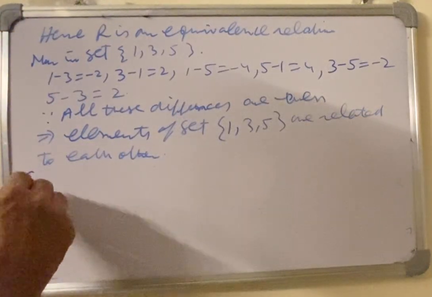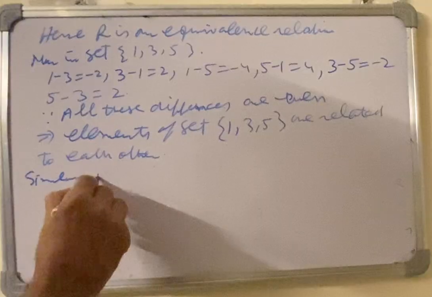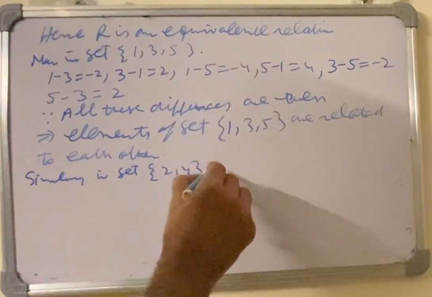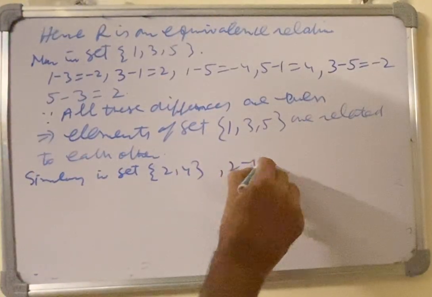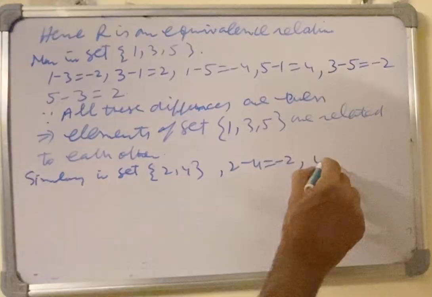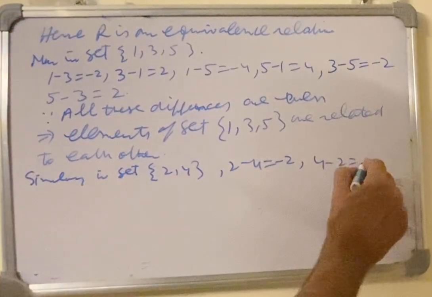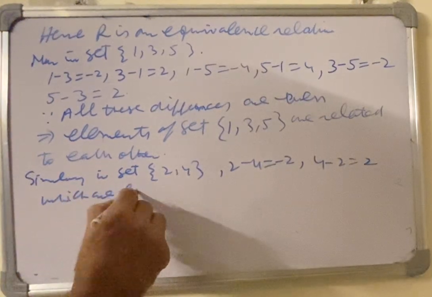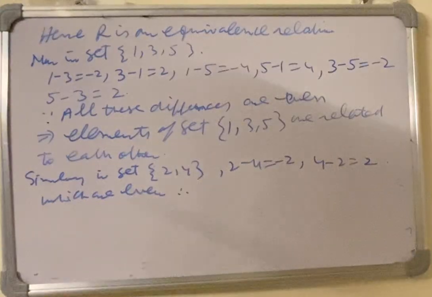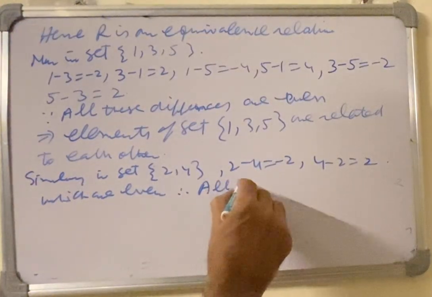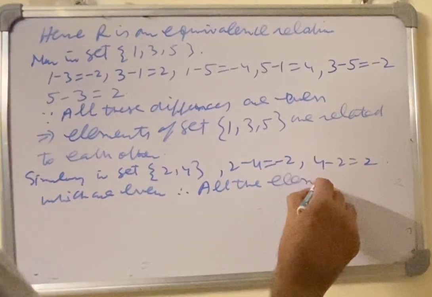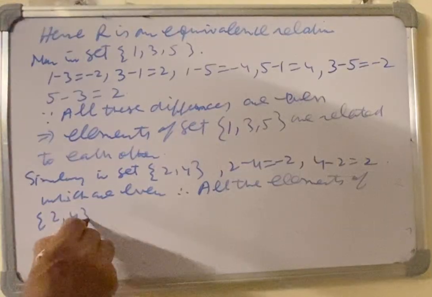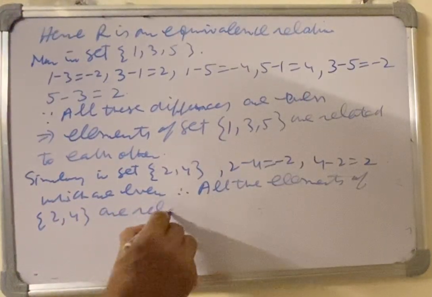Similarly, in set 2, 4, 2 minus 4 is minus 2, 4 minus 2 is 2, which are even. Therefore, all the elements of set 2, 4 are related to each other.